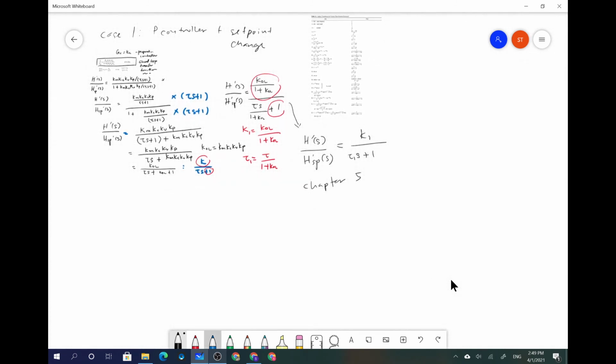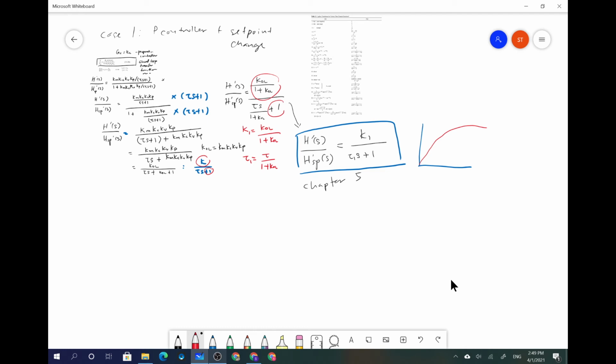This form is actually a first order. So when we have this first order process, we can predict the response. It should be something like this, right? There is no overshoot for the first order process. For the second order process, yes, it does have an overshoot.